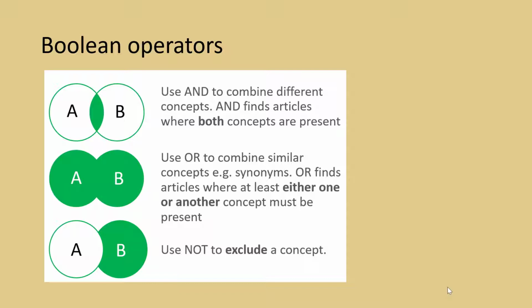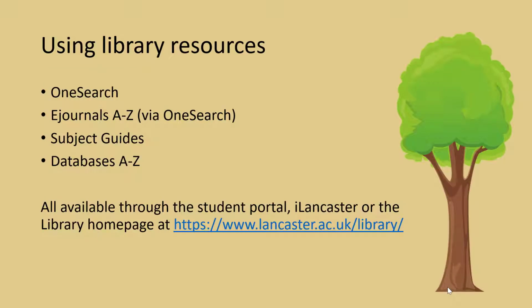It may be that I want to use not to exclude a concept, so that isn't used as regularly. Perhaps it may be that you are focusing on a particular geographical location and you want to exclude an area that's coming up a lot in your results.